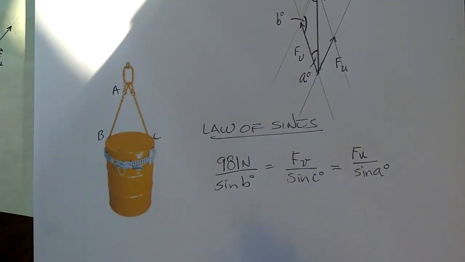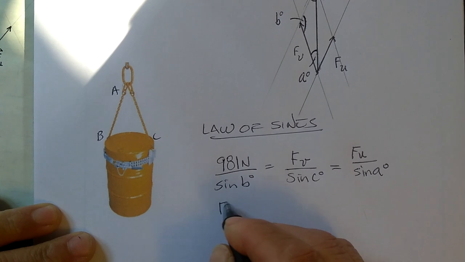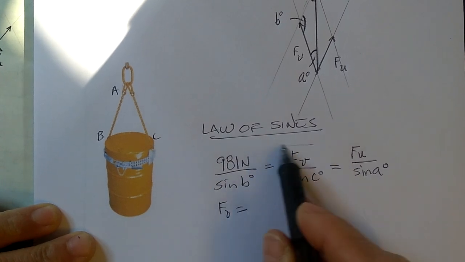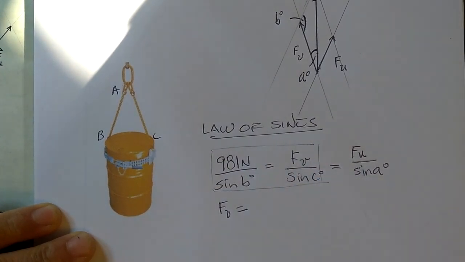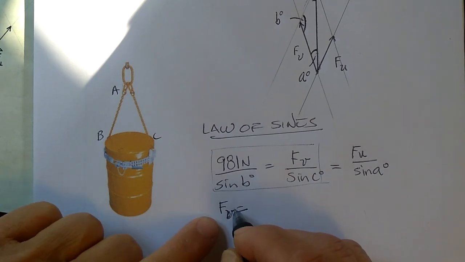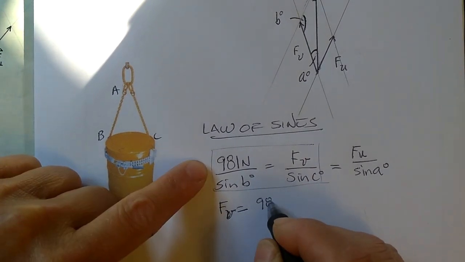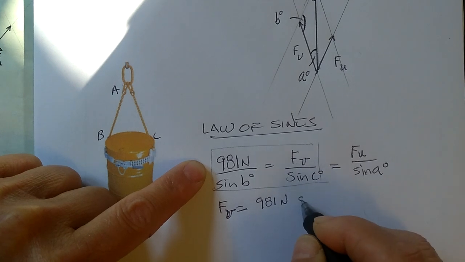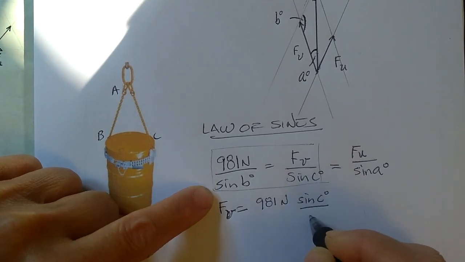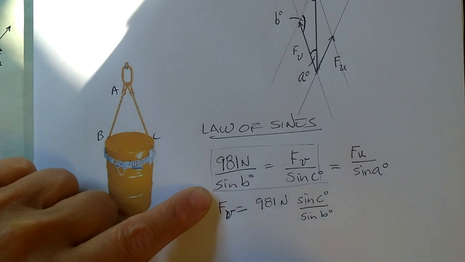So with that, we should be able to write an expression for F sub V by using these two ratios. So F sub V would be 981 newtons times sine C degrees divided by sine of B degrees.